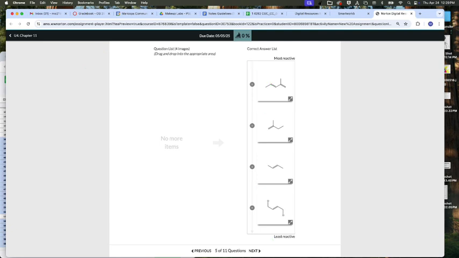They did sidestep some of this argument because they didn't provide you this one. Why is that one trickier? It can still resonate, right? Why is that structure a little bit trickier to deal with? If you look at the carbocation that's formed here, you would get a secondary carbocation. If we looked at this one, we had a tertiary carbocation.